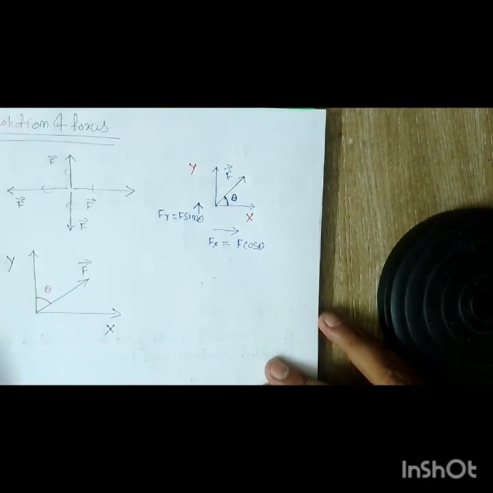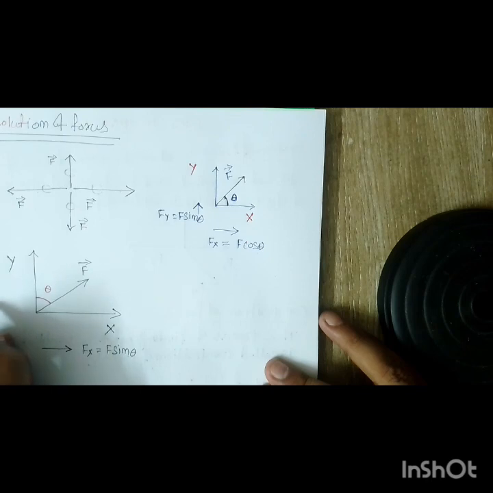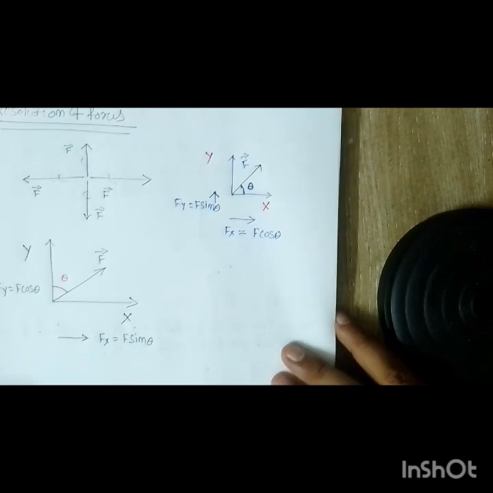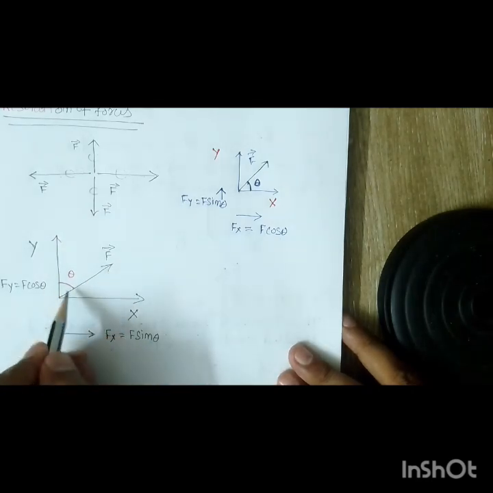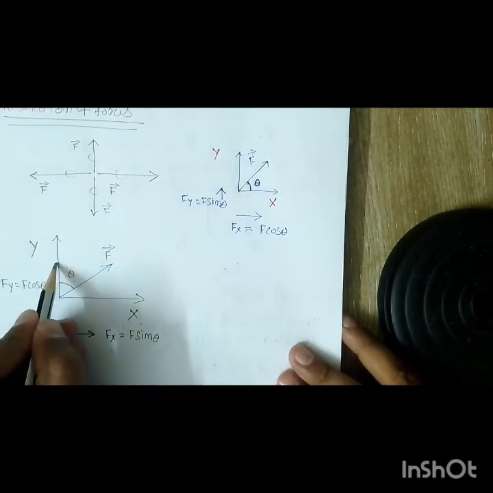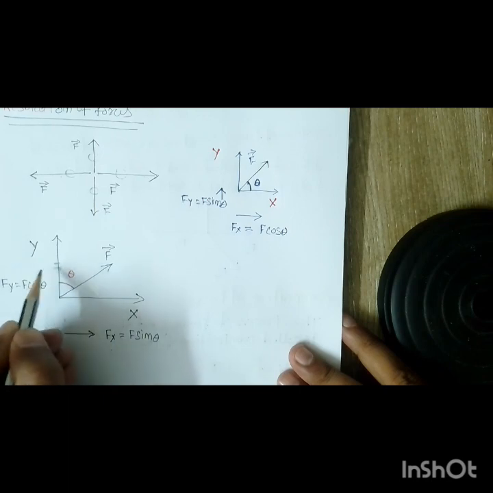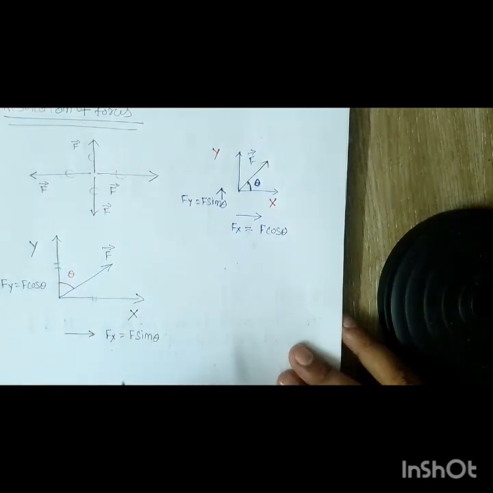In this case the components will be reversed. That means the horizontal component Fx is F sin theta, and the vertical component Fy is equal to F cos theta. How does it come? If this is the angle, this axis is for your vertical component, that is Fy, and this axis is for the horizontal component.